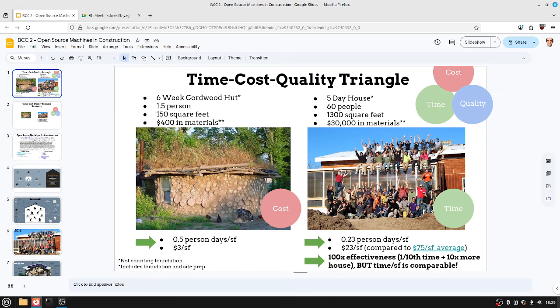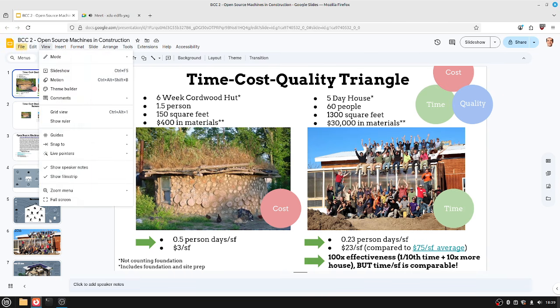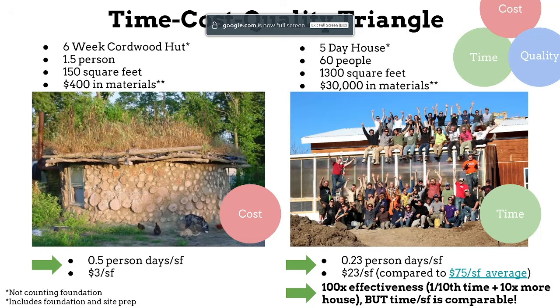In the world of construction, you can do things with human labor, or you can use machines to facilitate that process. We've done both, and I'll show you the experience that we had with both. This is what we started with. When I moved out here, the first structure we built was an earth bag hut.